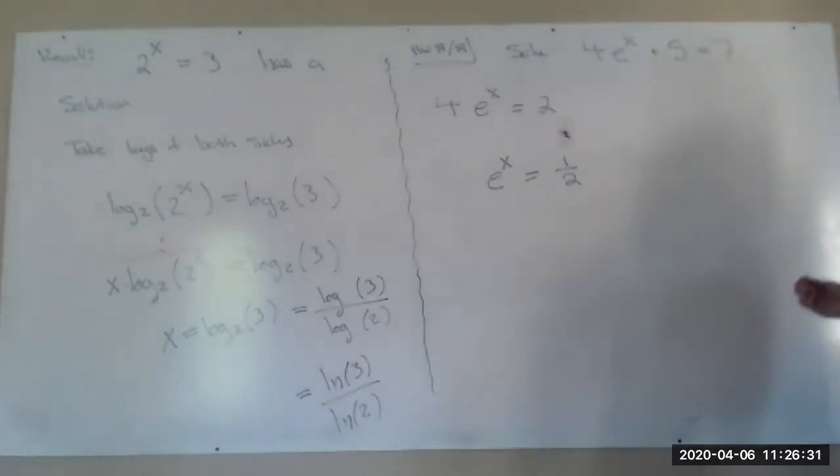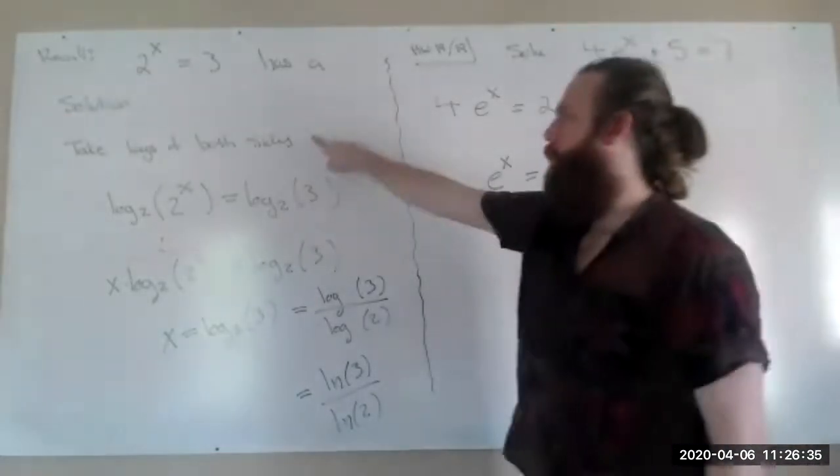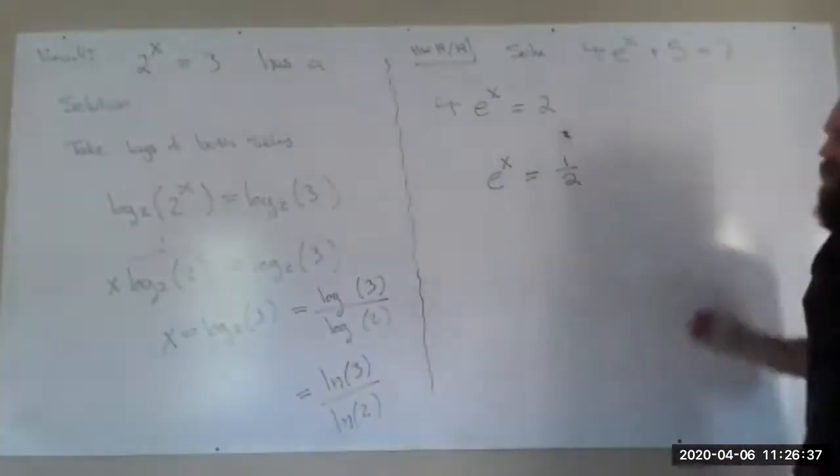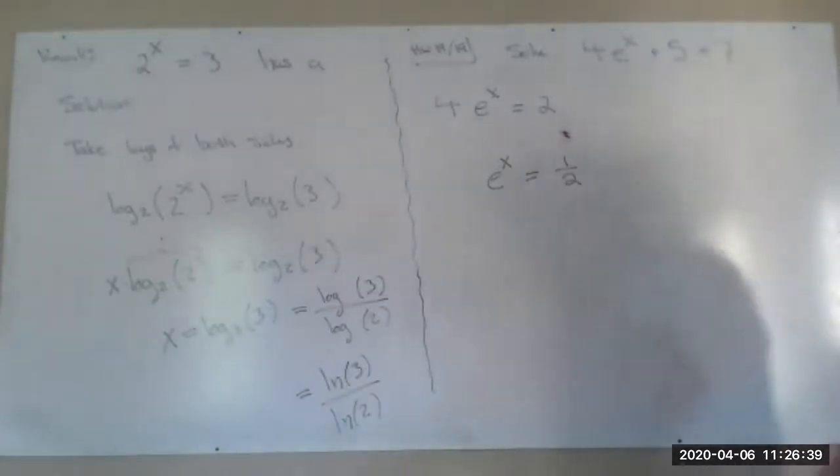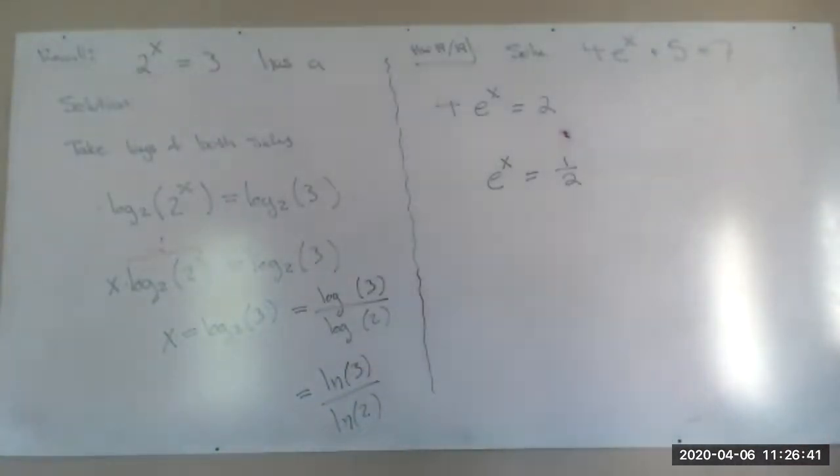And now in order to finish things up, I take logs on both sides. I have to pick what base logarithm to take. Since this is a base e exponential, it makes sense to take the base e logarithm of both sides. Remember, that has a special name: the natural logarithm. So I'll take the ln of both sides.